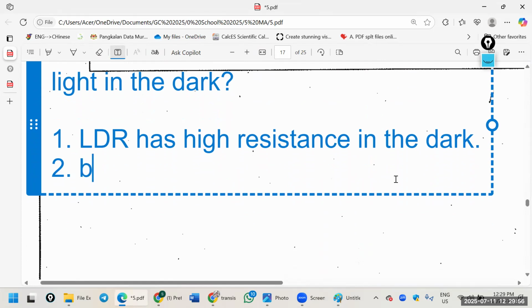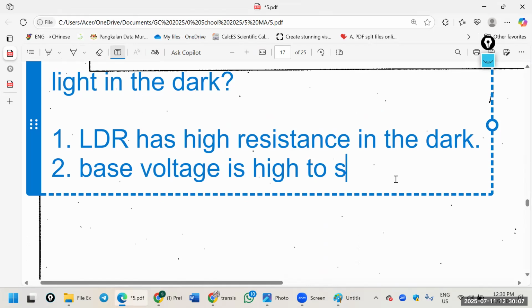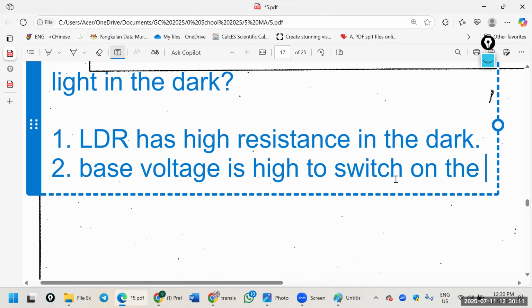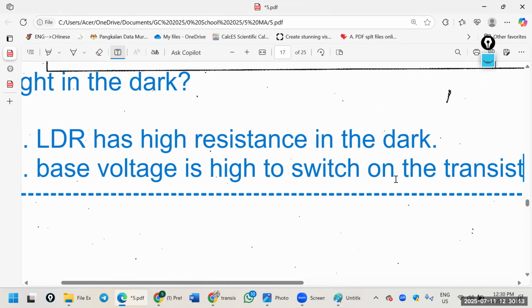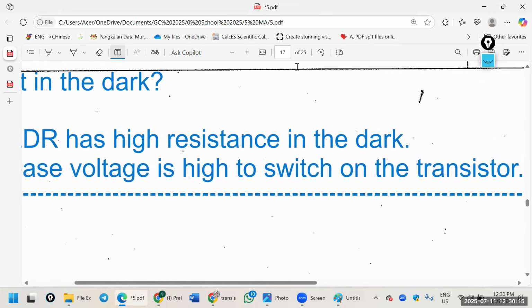So we say base voltage is high. Now base voltage is high. High means can switch on the transistor. Transistor is a switch.